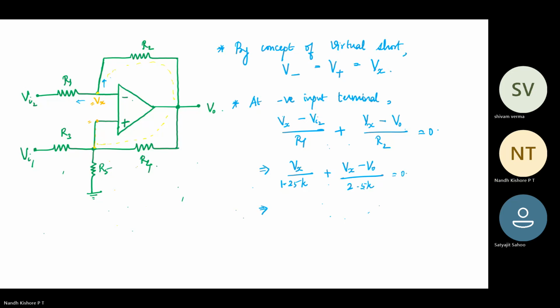Therefore, 2Vx plus Vx will give you 3Vx minus V0 equal to 0. This is one equation.